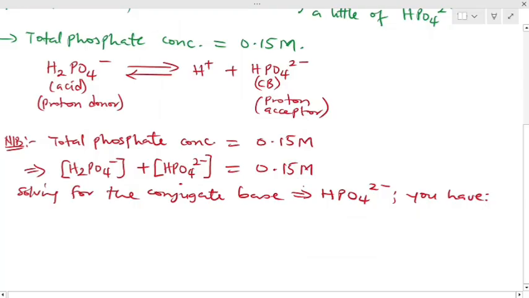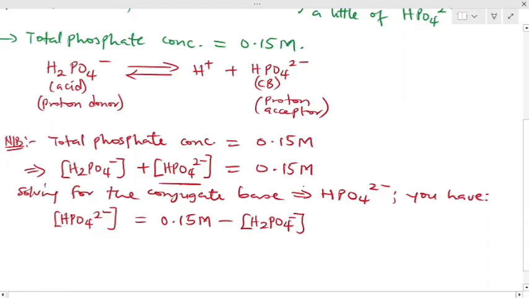If we bring out this conjugate base and make it the subject of the formula, we have HPO4 2 minus equal to 0.15 molar minus the concentration of H2PO4 minus.